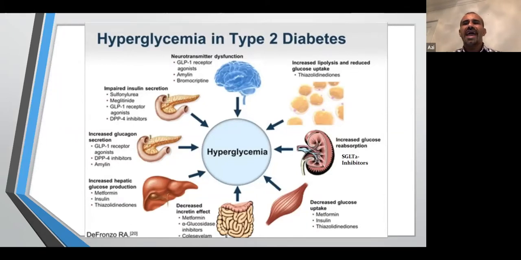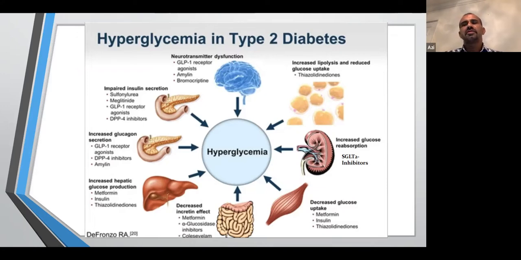Basically, they are sort of agonists. Increased lipolysis and reduced glucose uptake by adipose tissue happen in diabetes, and thiazolidinediones are the medicines that will decrease lipolysis and increase the glucose uptake. So essentially, thiazolidinedione medicines cause weight gain and are not liked by most patients.